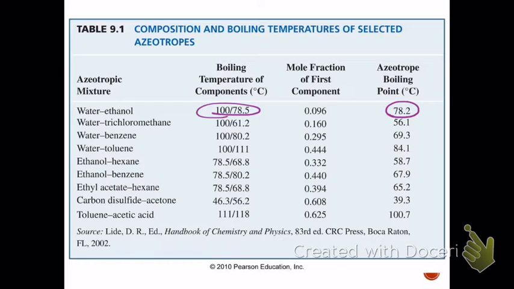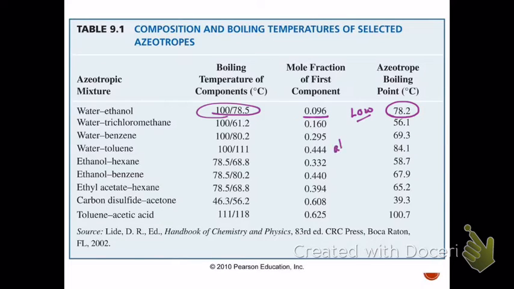In this case, it's 78.2, which is only slightly lower than the boiling point of pure ethanol, which means, of course, that the azeotrope is close to 100% ethanol, but not quite. In terms of mole fractions, you can see that the mole fraction of water here is roughly 10%, 9.6% at the azeotropic composition.